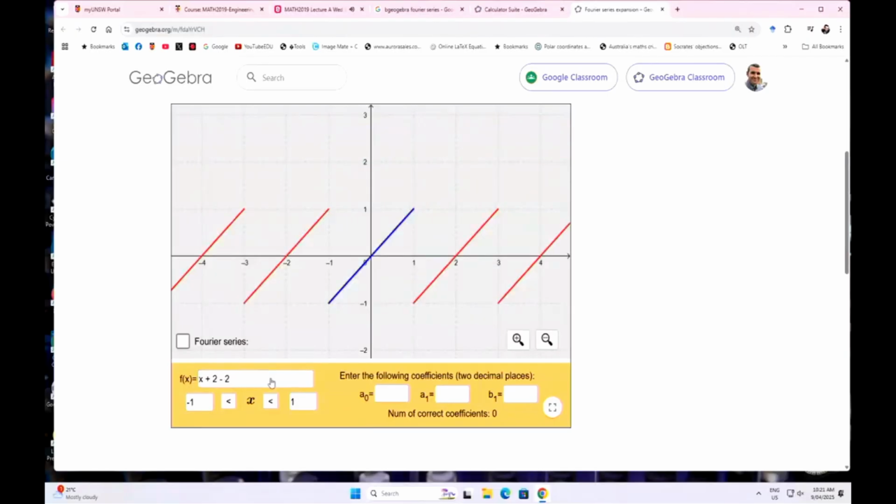To do that, I would just take the Fourier series of that function, which is odd and easy to calculate, and then add 2 units to it.